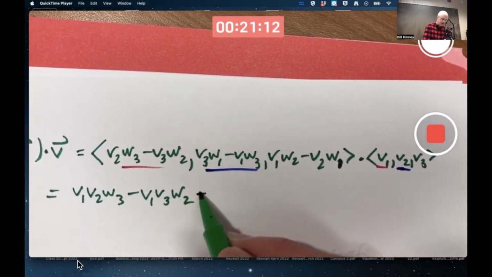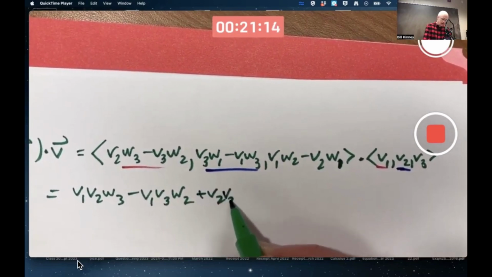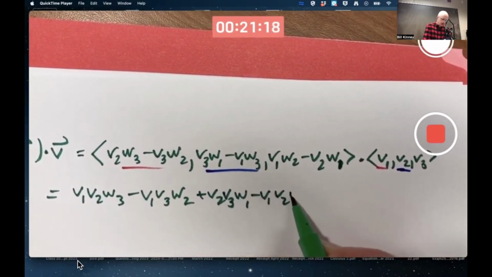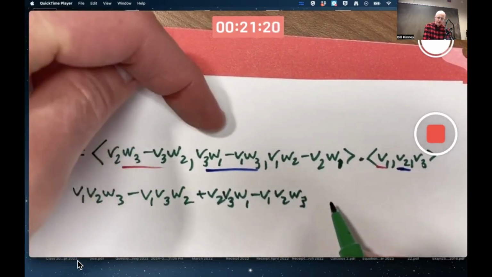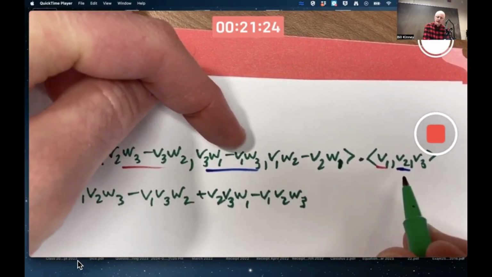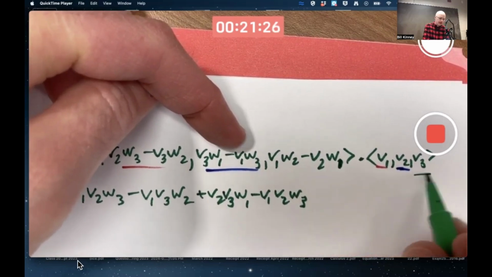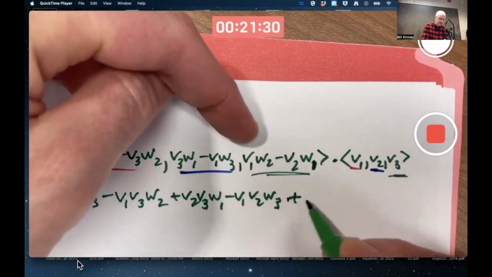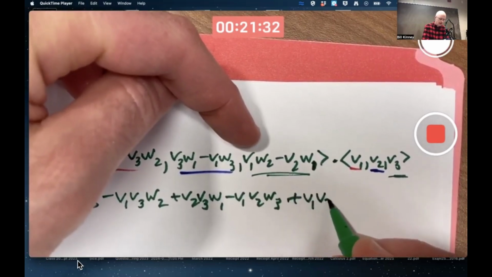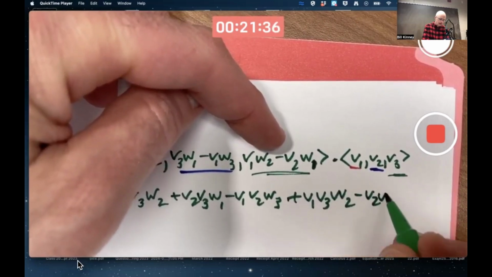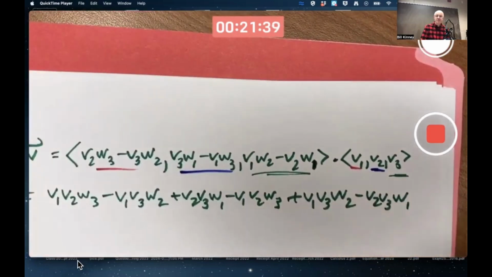V2 times this is plus V2 V3 W1, then minus V1 V2 W3. Careful not to make a mistake. Then finally, the product of the last components being added: V1 V3 W2 minus V2 V3 W1.